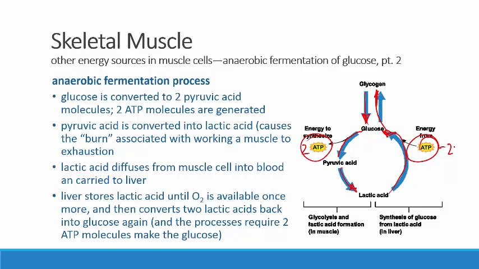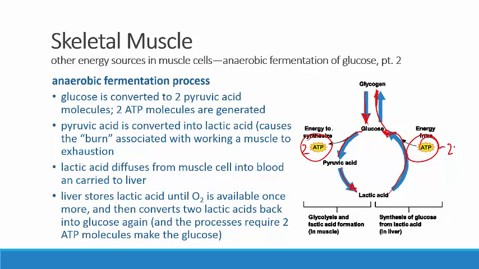So, as lactic acid gets produced in the cell, it will diffuse from the muscle cell into the blood, is carried back to the liver, and when we have oxygen available to us again, then we'll reconvert the lactic acid into glucose.